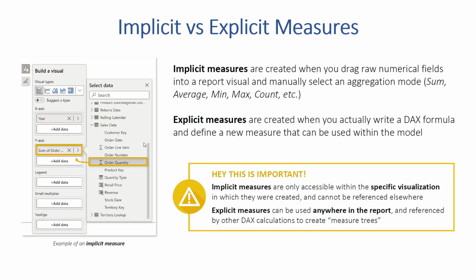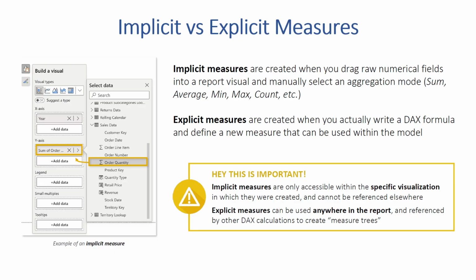Implicit measures are created when you drag raw number fields into the report visual and select an aggregation mode like sum, average, minimum, max, count, etc. By default it comes as sum. You can click here and select anything like minimum, maximum, count, average, whatever you want.